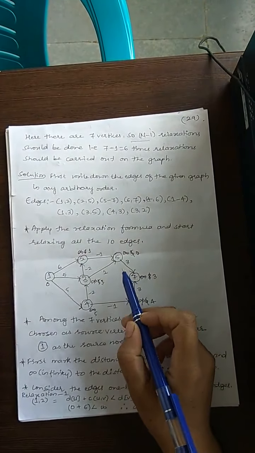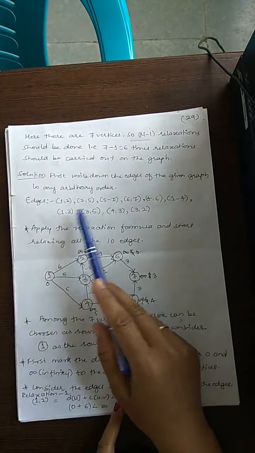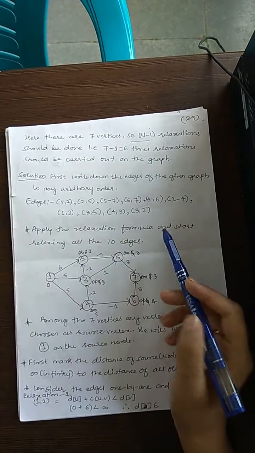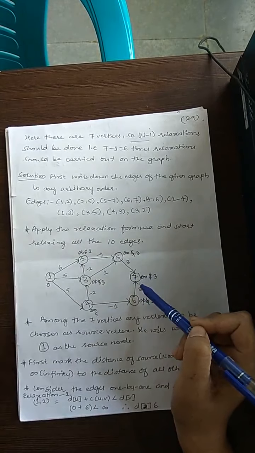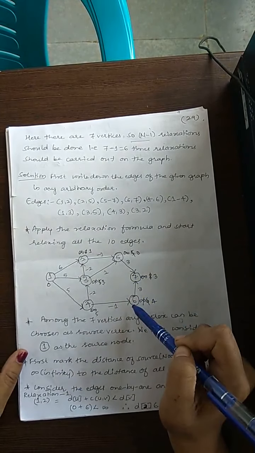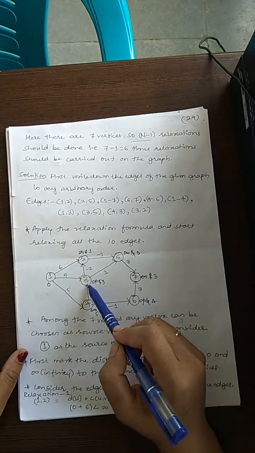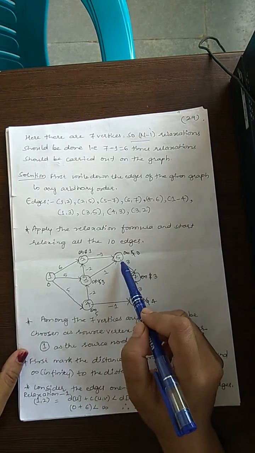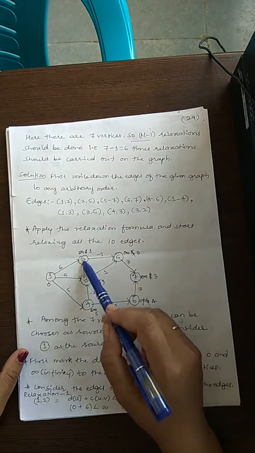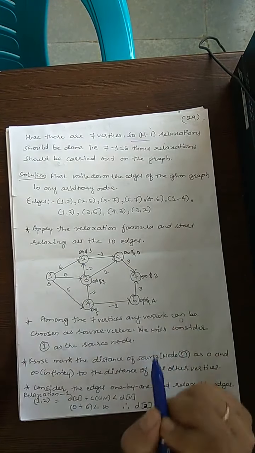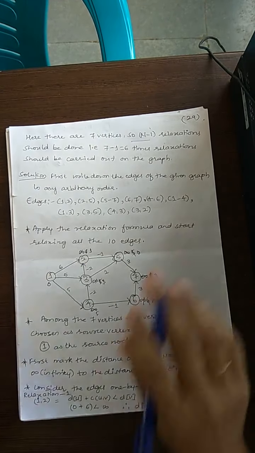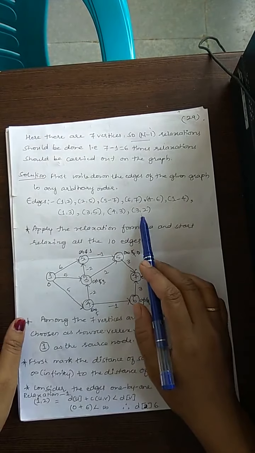Here I have started from 1 to 2, 2 to 5, 5 to 7, 6 to 7, 4 to 6, then 1 to 4, 1 to 3, 3 to 5, 4 to 3, and 3 to 2. In this order I have taken them. You can take any order, so the order of the edges we are writing does not matter.